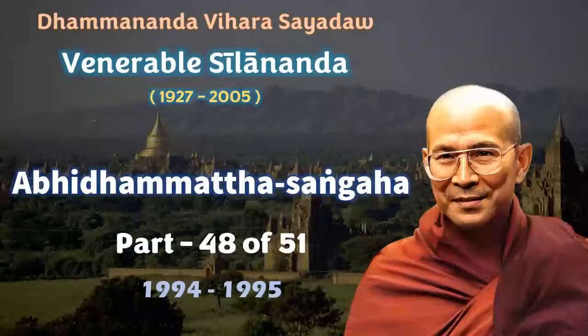The person who possesses these 6 abhinnas is called chalabhinno. So here, the 6 supernormal knowledges are ultimate reality. But the person who possesses it is unreal. So that is why it is called unreal by way of real.